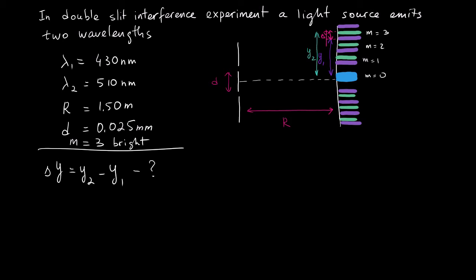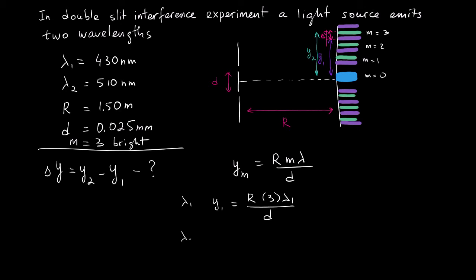Now, to find a position, we know that the expression for y of the mth bright fringe should equal r m lambda over d. So for lambda 1, y1 equals r times 3 times lambda 1 over d.